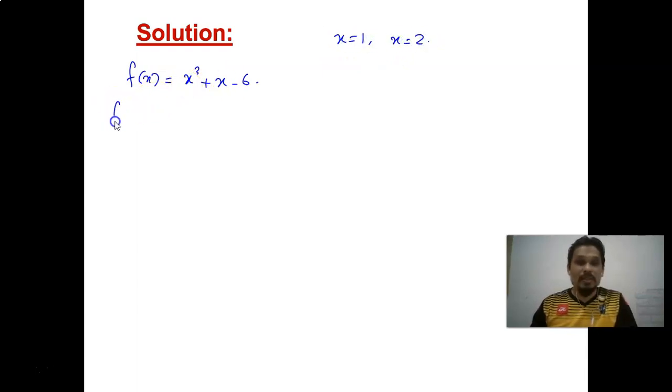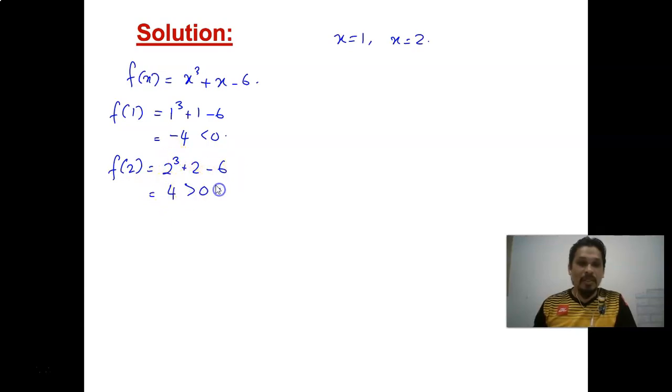So let's try with f(1): 1 cubed plus 1 minus 6. 1 plus 1 equals 2, minus 6 equals negative 4, which is less than 0. Then f(2): 2 cubed plus 2 minus 6. 2 cubed equals 8, plus 2 equals 10, minus 6 equals 4, which is greater than 0.